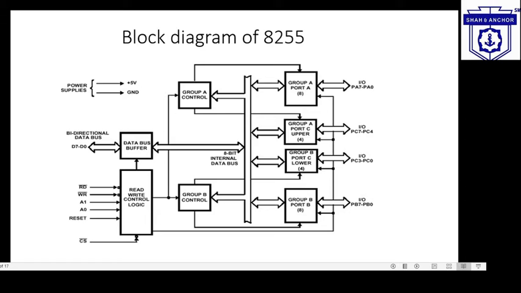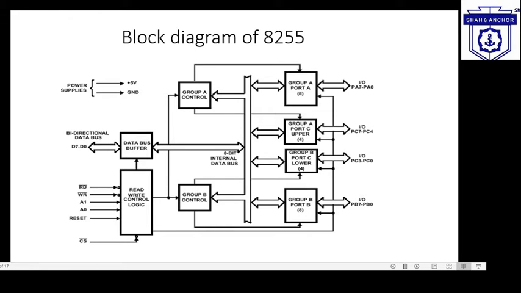On the slide we can see the block diagram of 8255, where we can see there is a group A control block and a group B control block. The group A control block includes port A, group A, which consists of PA0 to PA7 bits.